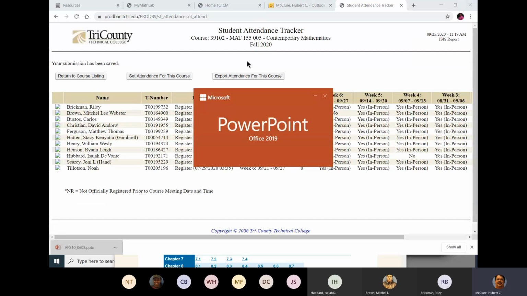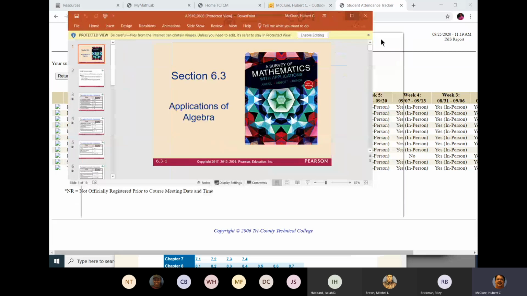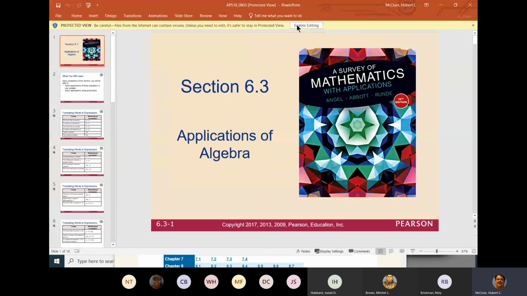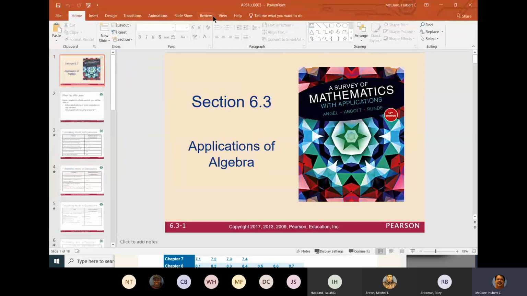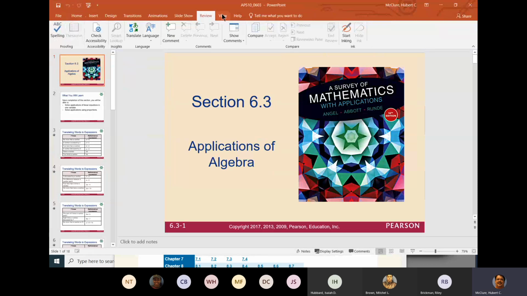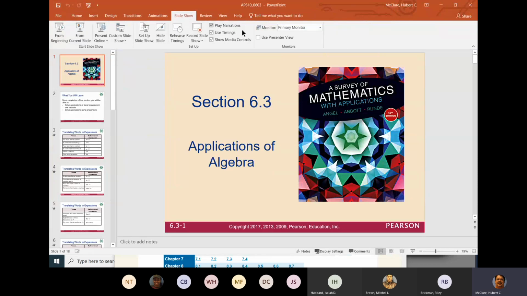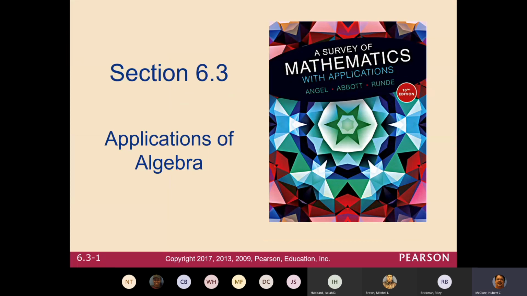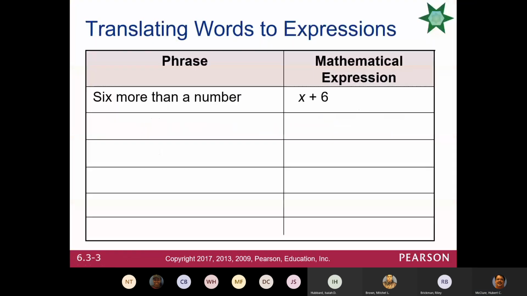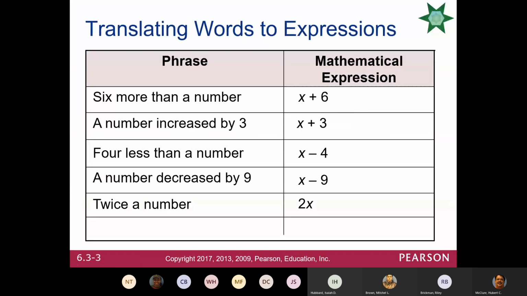Now, the only thing that I'm going to show you new in this section is what to use for certain sentences, because you're going to be dealing with applications, which means word problems. Okay, write those down. 6 more than a number.